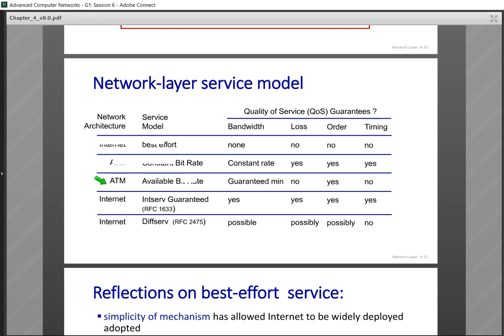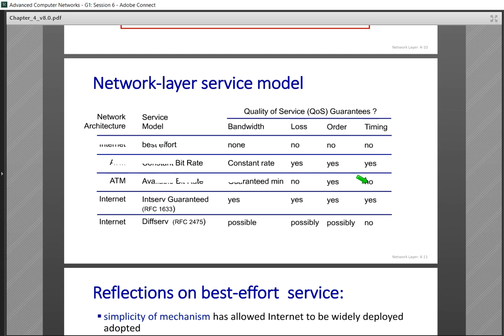Or for example, ATM has another service model. It's available bit rate, or ABR. It will guarantee a minimum bandwidth and order between packets, but it won't guarantee the loss and timing.